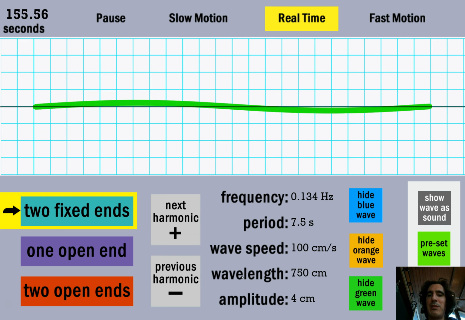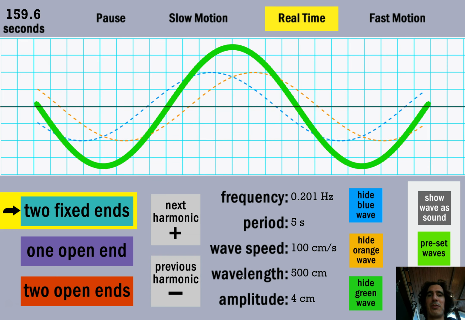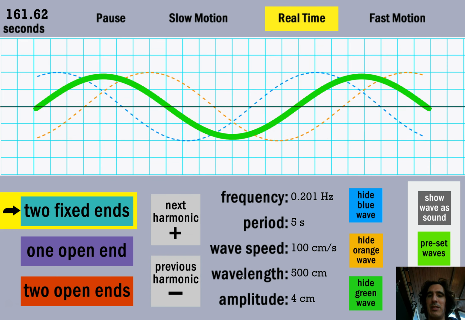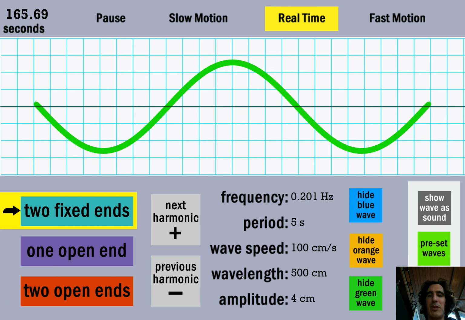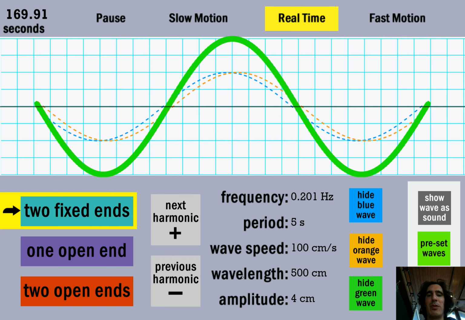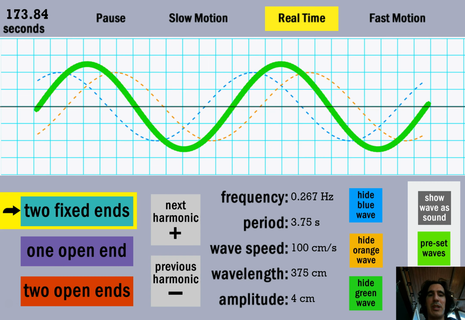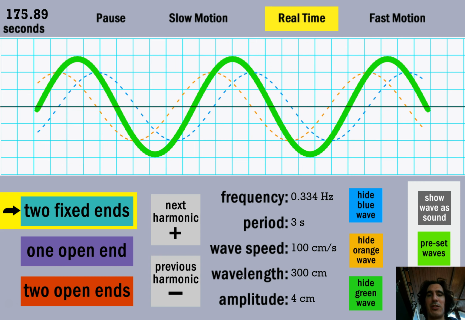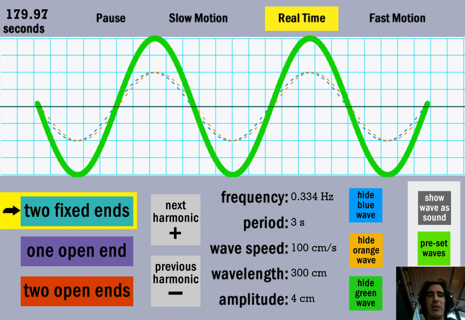And then if we move our hand back and forth even faster, we'll get more periods of constructive and destructive interference. Again, this is what we see. The wave appears to be standing still and just flipping back and forth, but in reality it's the two waves that are interfering with each other. And we can keep doing this until we get more and more harmonics, as they're called, or more and more periods of constructive and destructive interference.